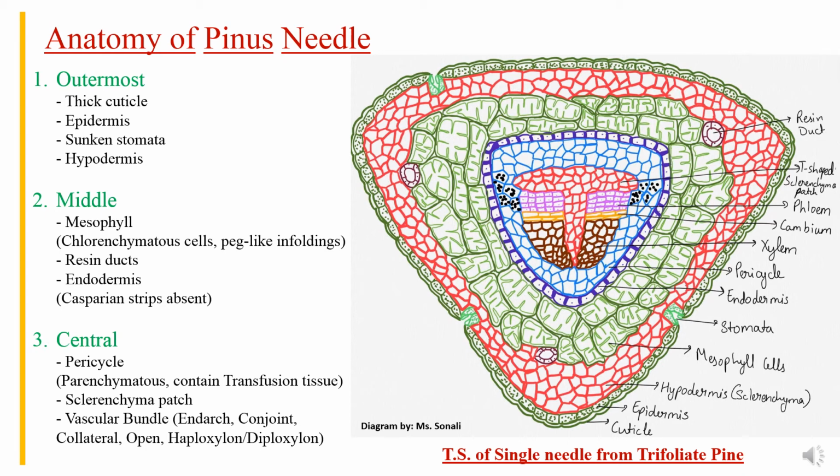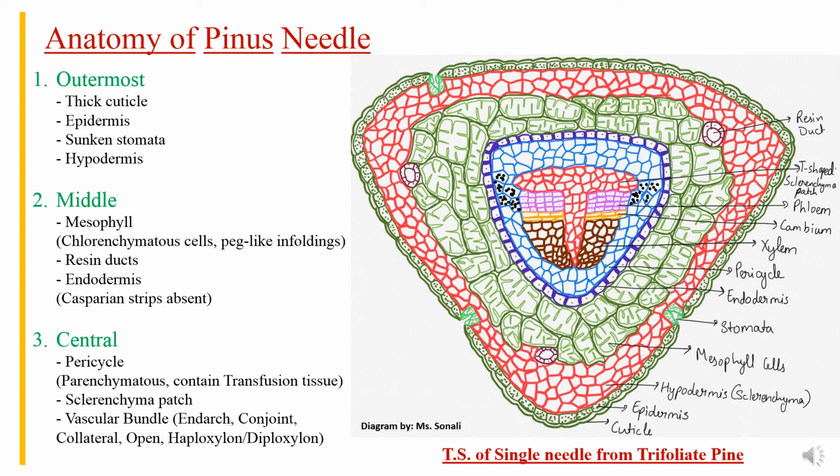Vascular bundles are endarch, that is, protoxylem is present towards the center and metaxylem is towards the outer side. Vascular bundles are conjoint, collateral and open like in stem. Yes, the condition is open, that is, cambium is present, but secondary growth is not that prominent.